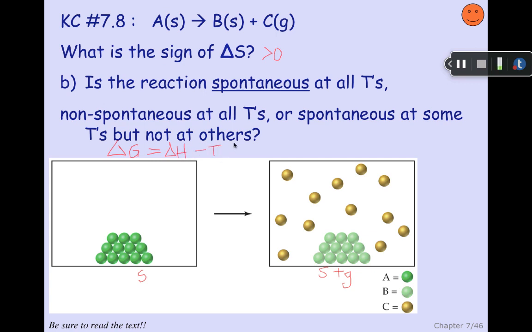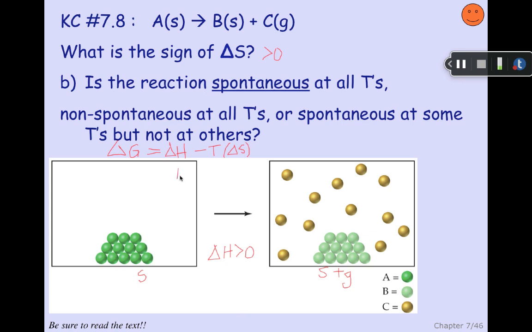Subtract from that temperature times delta S. All right, so it depends on what delta H is, and chances are you're going to have to add heat to take a solid and break it apart to make a solid and another gas. So let's presume that delta H is greater than 0.